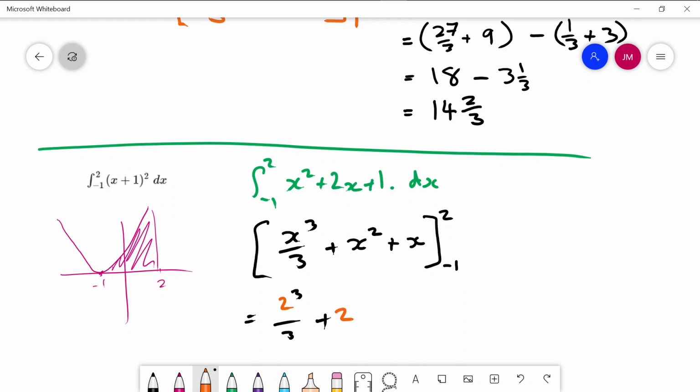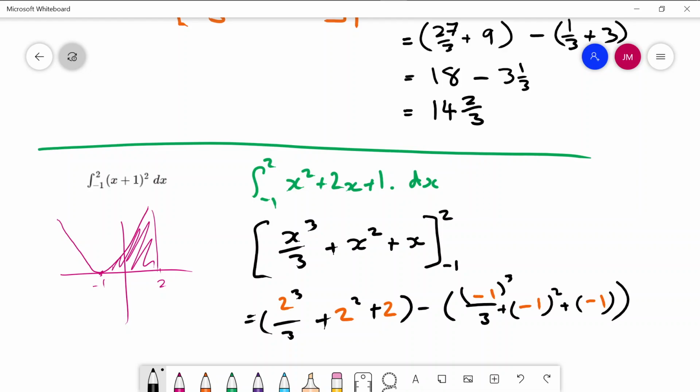Plus 2 squared plus 2 minus all of that again when x is negative 1. So negative 1 cubed plus negative 1 squared plus negative 1.